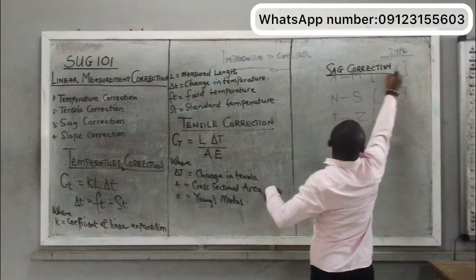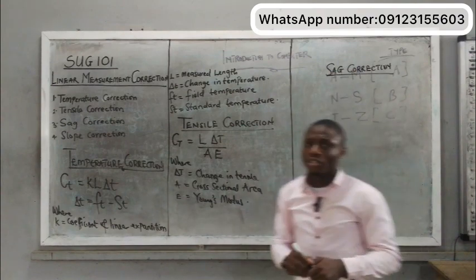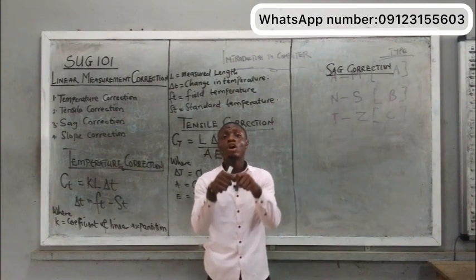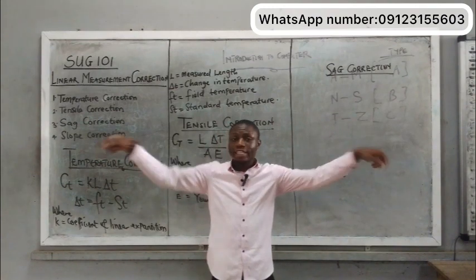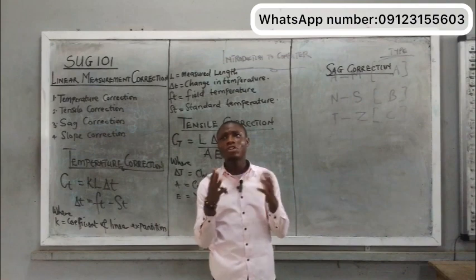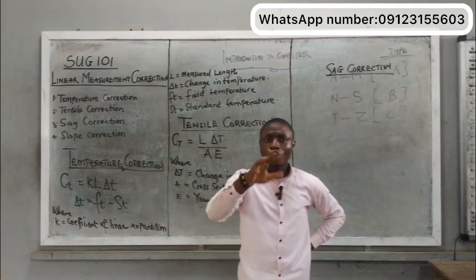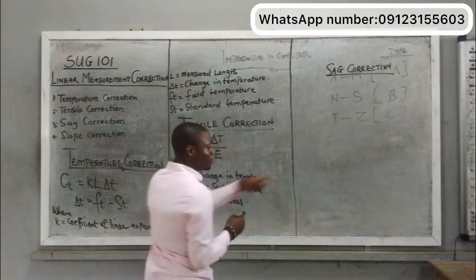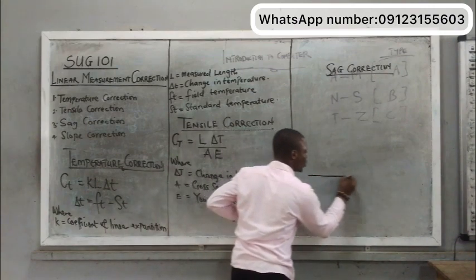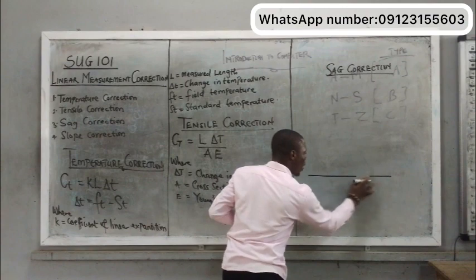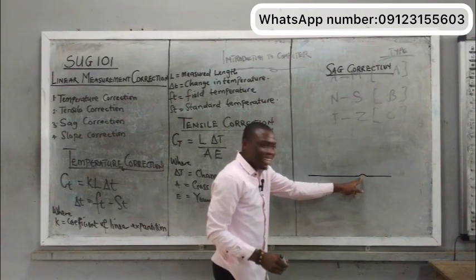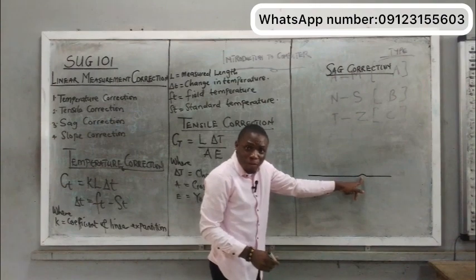For sag correction, listen please. Let's say I use my tape to measure the length of the land. After doing that, if you observe closely, there will be some parts where the tape sags.